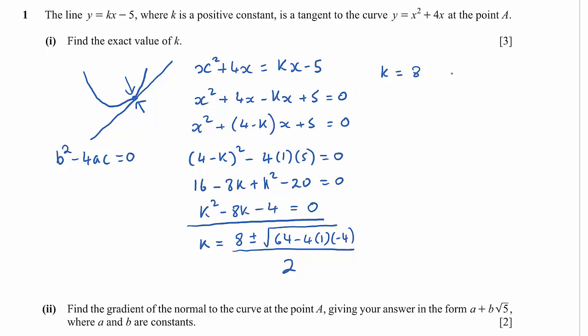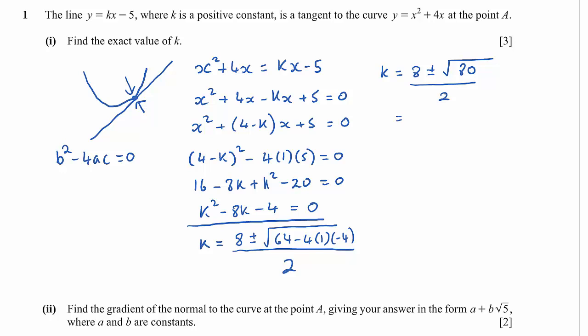So that's going to be 8 plus or minus the square root of 64 add 16, so that's 80, over 2.